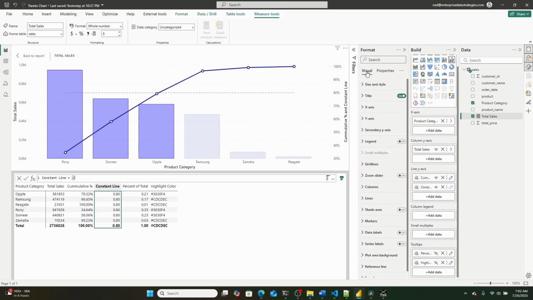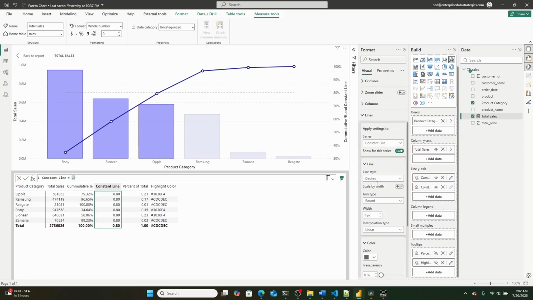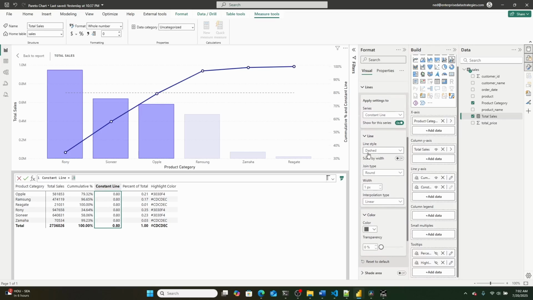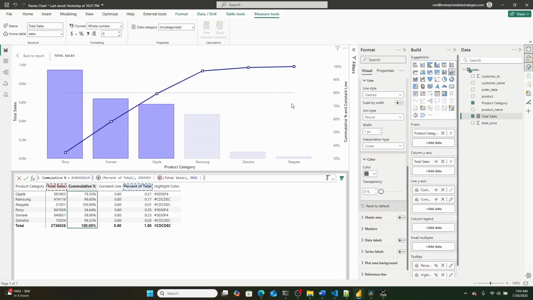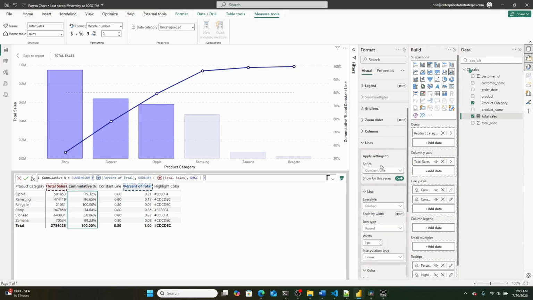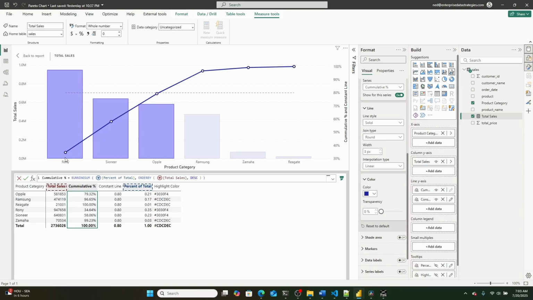Okay, well, let's jump into the formatting. First things first, starting with the line. My constant line, which is this gray line right here, I set to a style of dash with a width of 1 pixel and this dark gray color. The next line, which is this cumulative percent line right here, I had set at solid with 3 pixels and this dark purple.